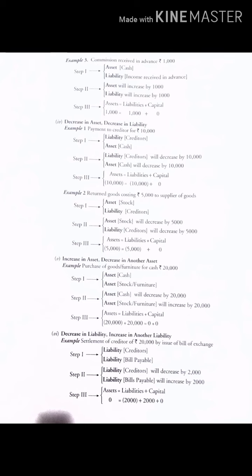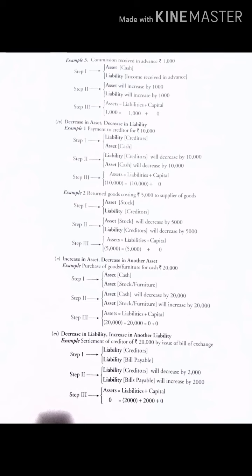Okay, again what I have done, I have returned the goods. So returning the goods means I am giving it to the creditors. Fine, I have purchased it on credit, so they are my creditors, and I am returning it to them. That means what are the two things being affected? One is stock, that is assets, another is creditors, that is liability.